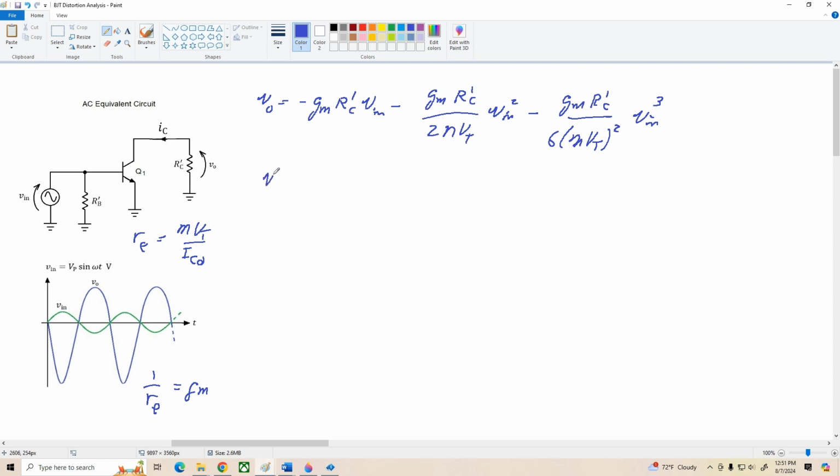So what we've got is V out equals AV times V in plus AV over 2 eta VT times V in squared plus AV over 6 eta vt squared times v in cubed.